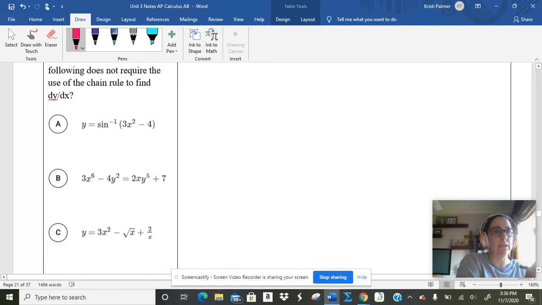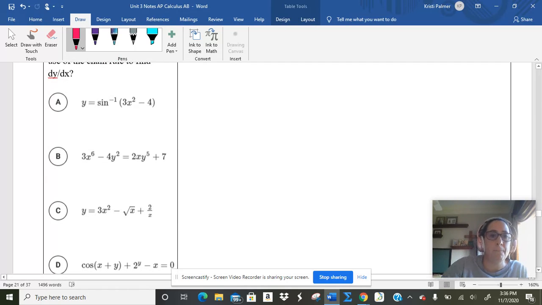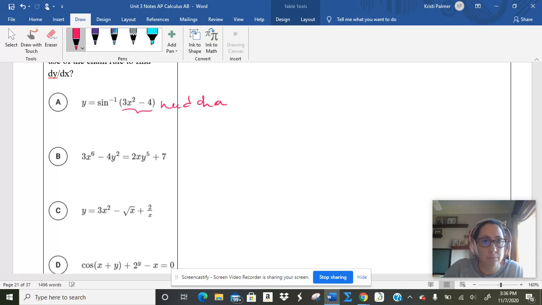Okay, look through those and tell me which one the chain rule does not apply on. So which one do you not need a chain rule? And you can select more than one on here. So this one I have an inside, I need the chain. This one I don't see, I see just a power, a product, a constant, so no chain.